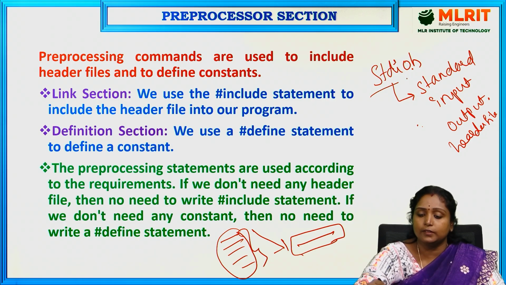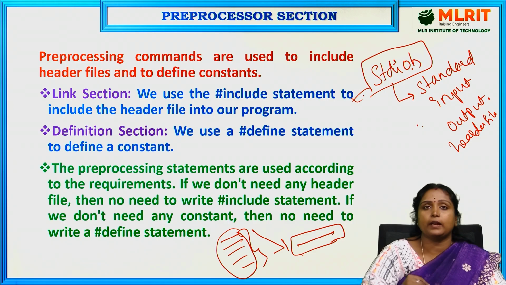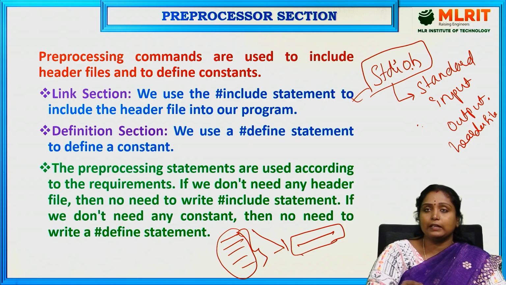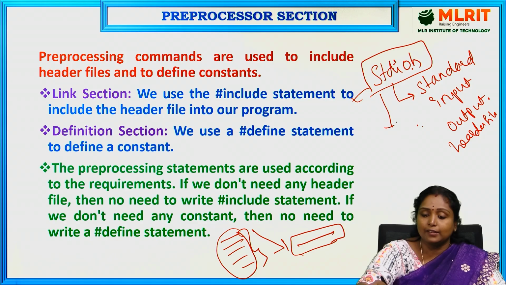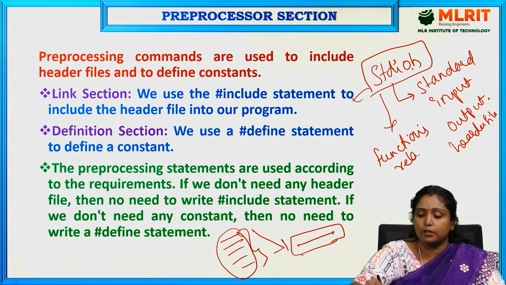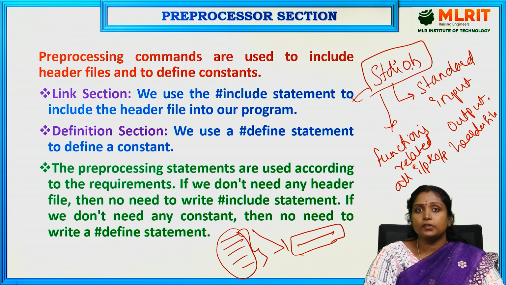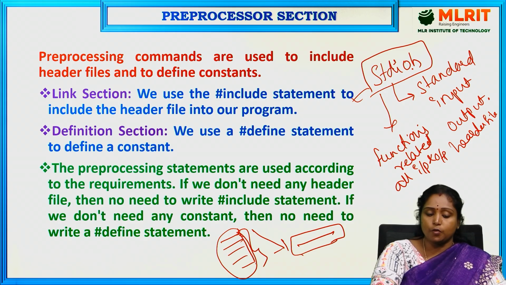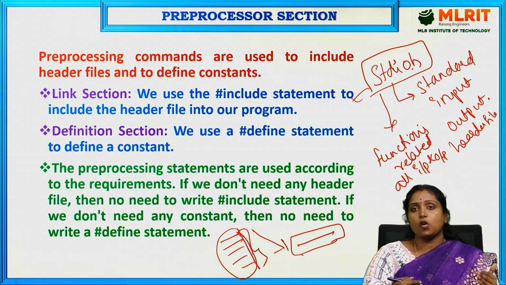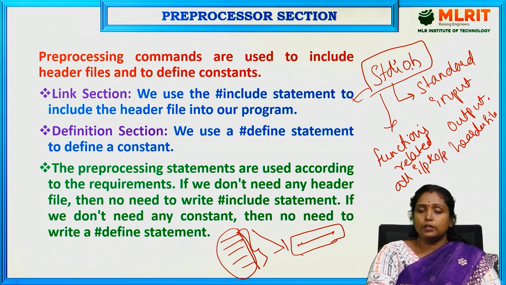We will include this particular header file in our program in order to use this function. So header files consist of functions related to all input and output. In order to use these functions as they are in your program, instead of writing 10 lines of code all the time, you will use a single line.